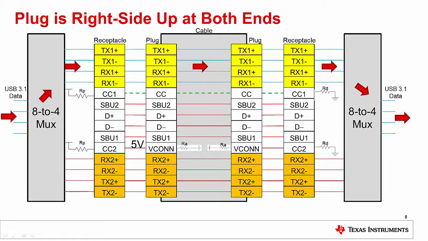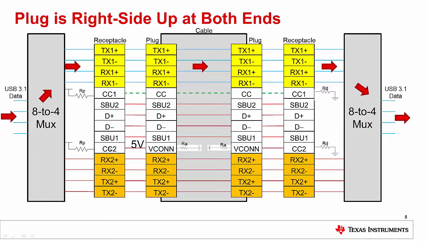So what I've drawn is just the data contacts in the receptacle and plug through the cable in an end-to-end system. I'm not showing the VBUS, the power, in this illustration. First, if we look at the receptacle on the left-hand side, you can see that it has an Rp pull-up on the CC1 and on the CC2 pin. So this would be the source side of a connection.